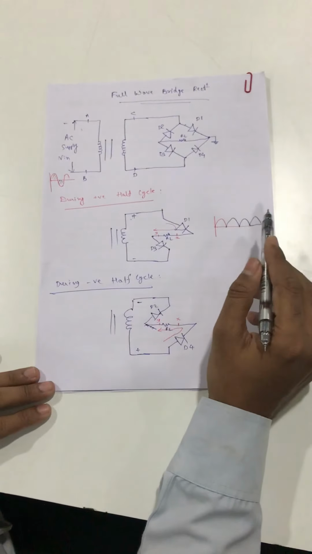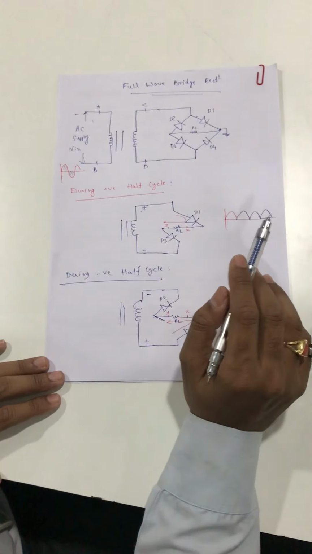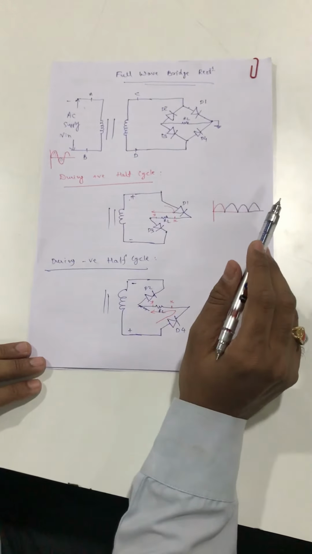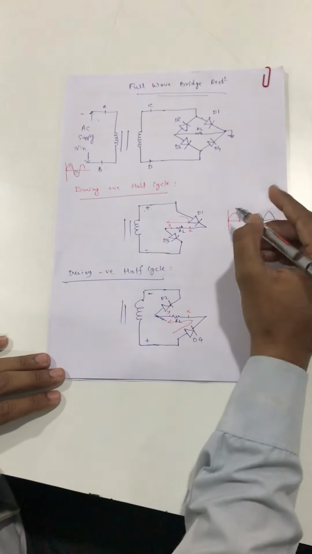During both half cycles the load voltage has the same direction, and hence the output will remain just like this.